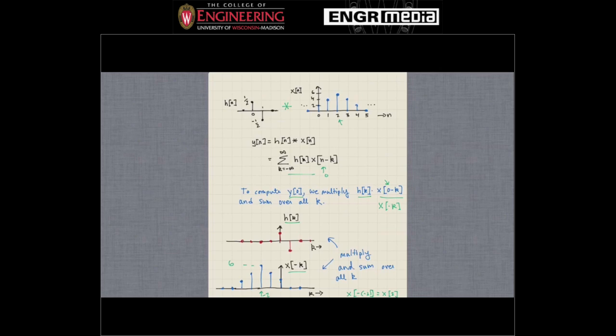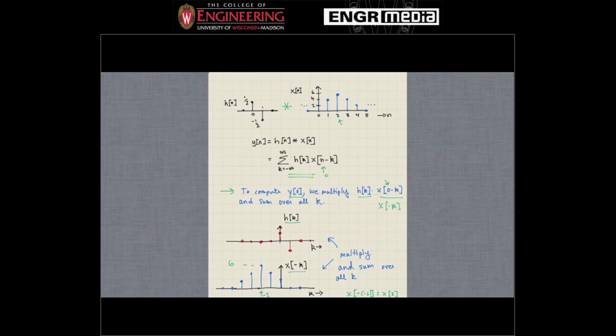We'd start and just say, I'm going to compute the value at y of 0. If we look at the equation written right here, we're just going to plug in n equals 0. When we do that, we're multiplying h of k times x of 0 minus k, and x of 0 minus k is just x of minus k.